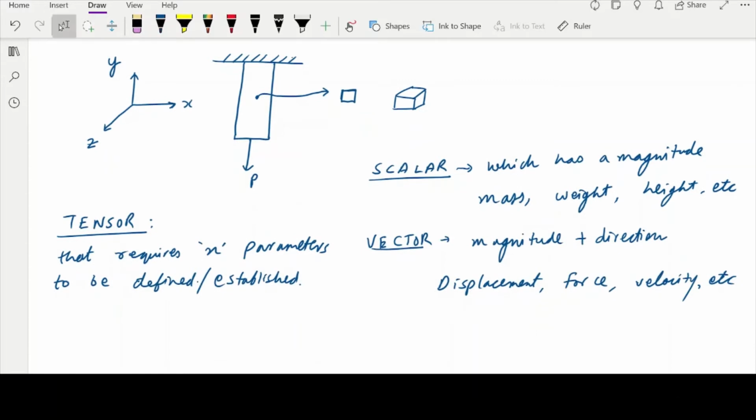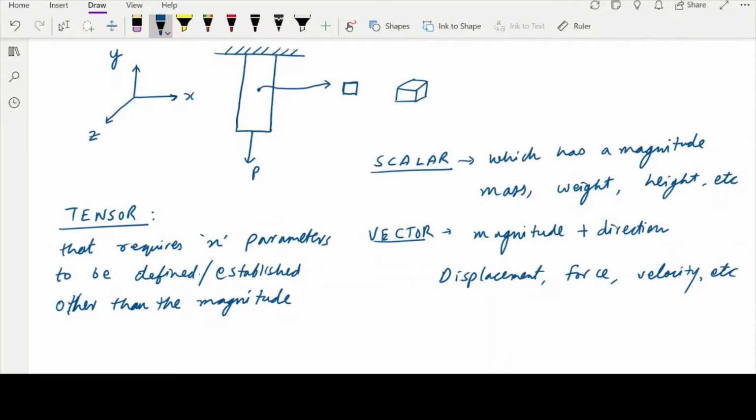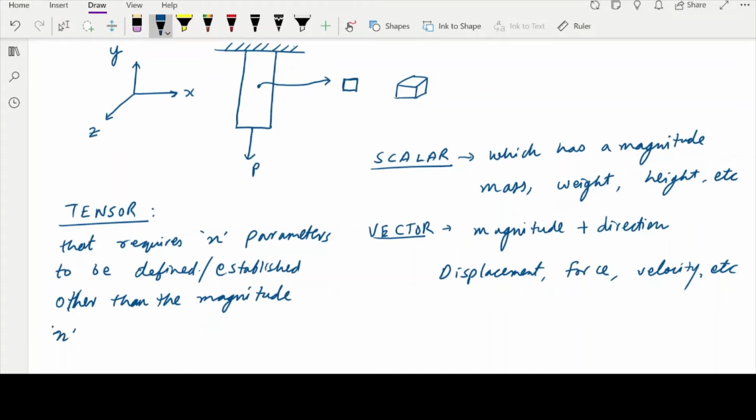Other than the magnitude itself, what are the n other parameters that are required to completely define this quantity? That is known as an nth order tensor.